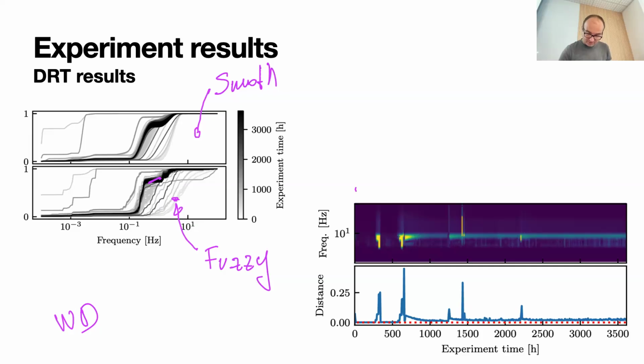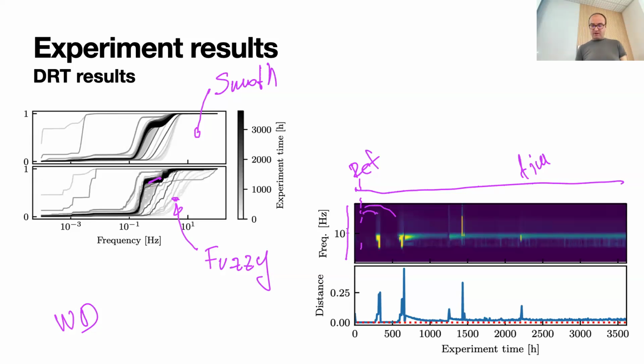And these are the results. So this is time, and these are frequencies. And the 10th DRT is a reference one, and we take each and every one and compare it to the reference one. And this blue plot shows the results.